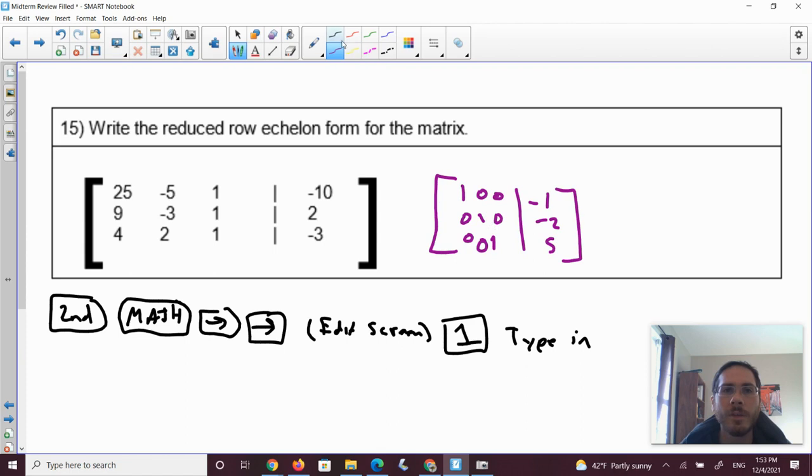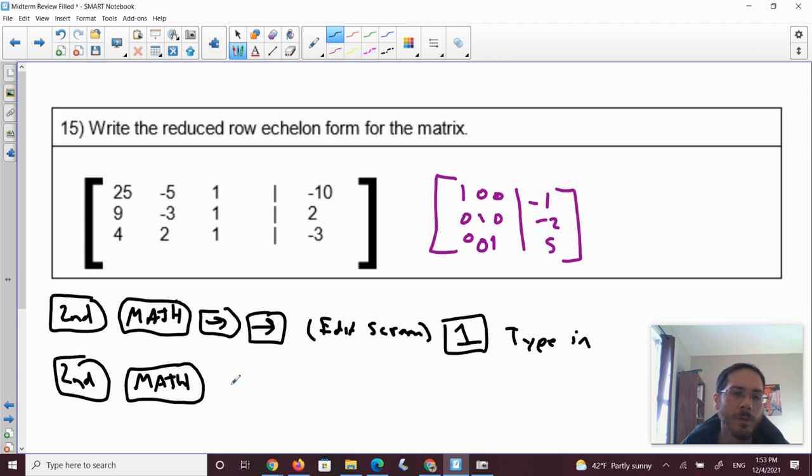To get to the RREF, remember that's going to, after you type everything in, you can hit second and then math again. And then you can find the RREF feature. After you get that one in, then you have to go back to second. Oops, I forgot. We have to go over to get to the RREF button. Oops, let me hit a little over first.